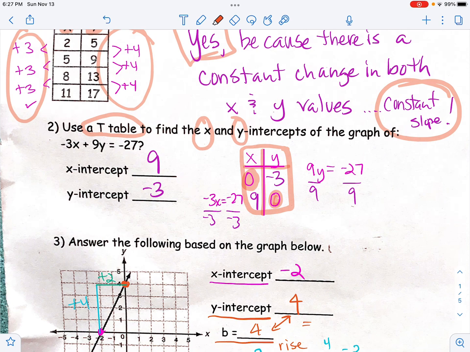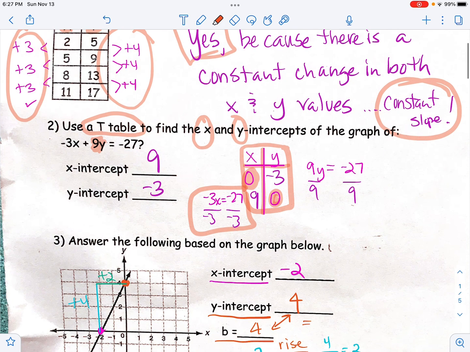So if y is 0, well, then it gets rid of this value and you just have the equation negative 3x equals negative 27, and you divide and get 9, right? And the same goes for solving for the y-intercept: if x is 0, then I literally have the equation 9y equals negative 27, and I divide by 9 and I get negative 3. So that's my x and my y intercepts, right?